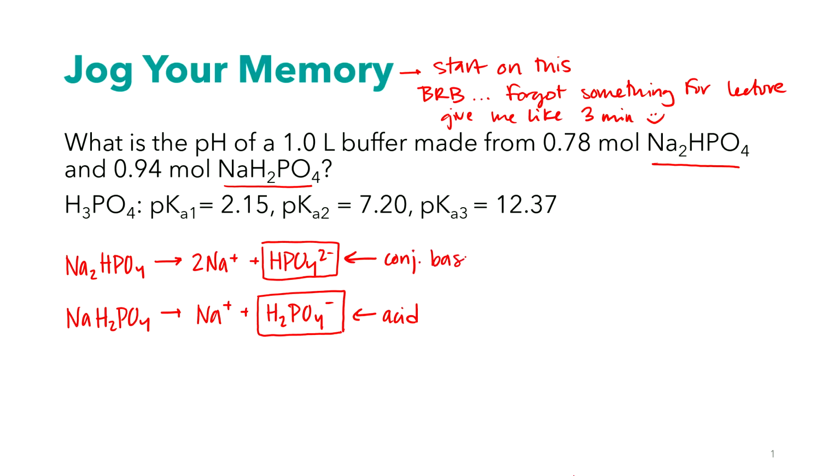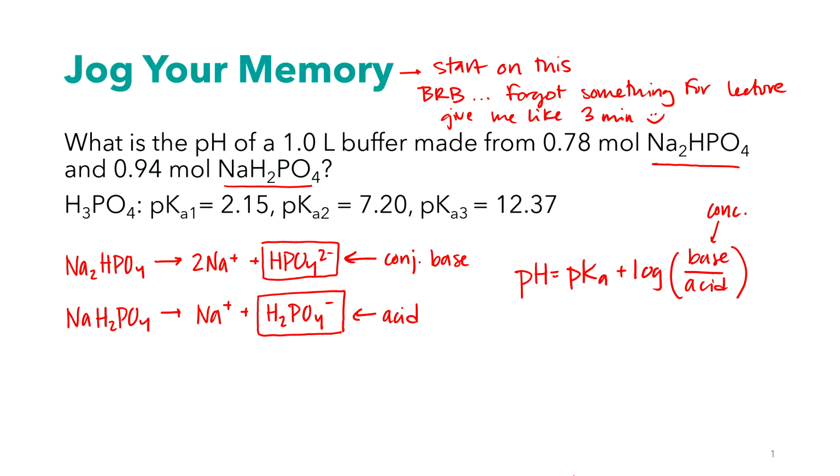I want to make that distinction because if I'm going to do a pH calculation on a buffer, I'm probably using the Henderson-Hasselbalch, which we talked about on Tuesday. That's pH equals pKa plus the log of the base over the acid, and these are the concentrations.